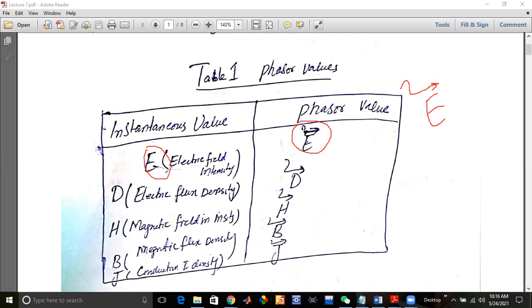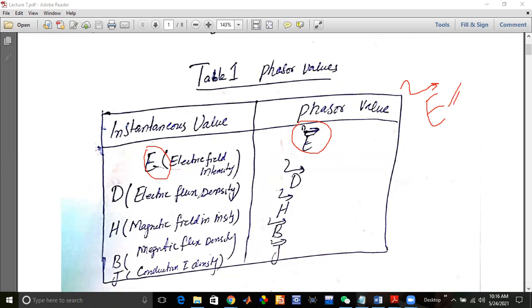I am not going to explain what electric field intensity is, as you have studied it in earlier courses. The electric field intensity is denoted by E, and it is the instantaneous wave. If you want to write this in phasor form, we write the arrow above it. It will look like this. This is the phasor form, and most of the standard books follow this notation.